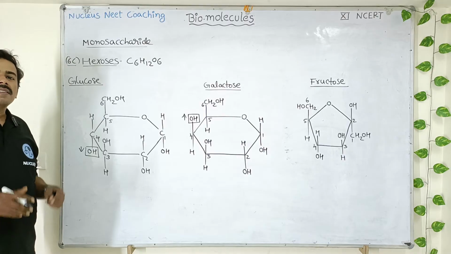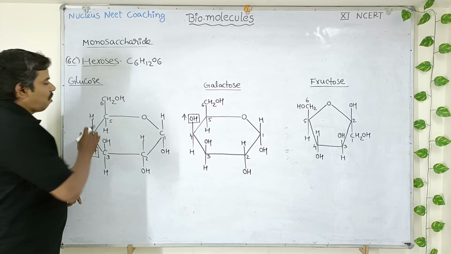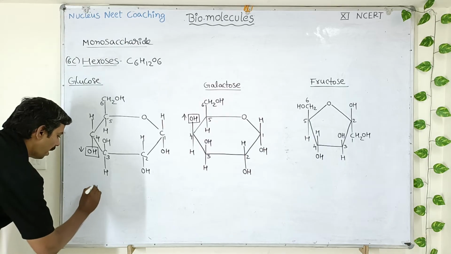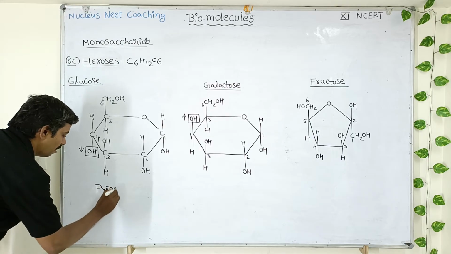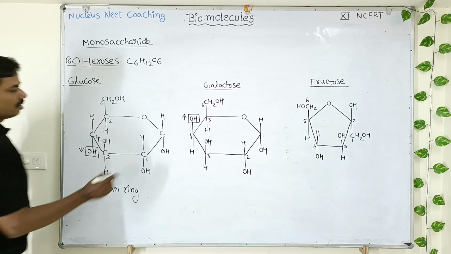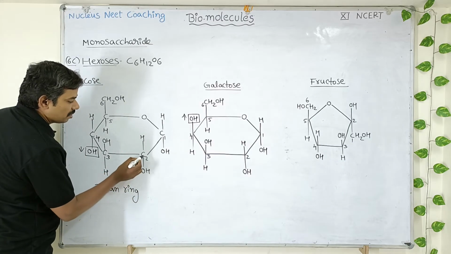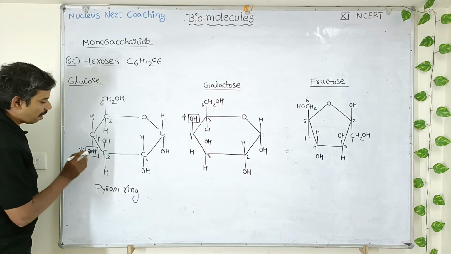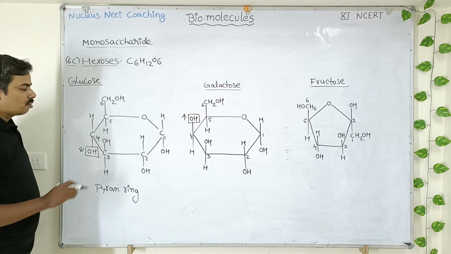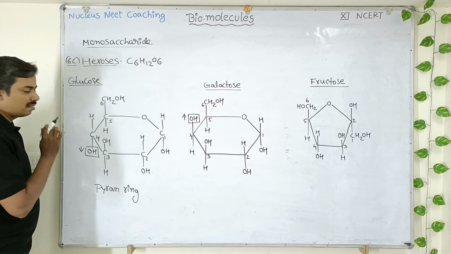Glucose has 6 atoms arranged in the form of a ring structure. This ring structure is called a pyran ring. So here you can see this is the first carbon, second carbon, third carbon, fourth carbon, fifth carbon and oxygen. So how many members are there in this ring?